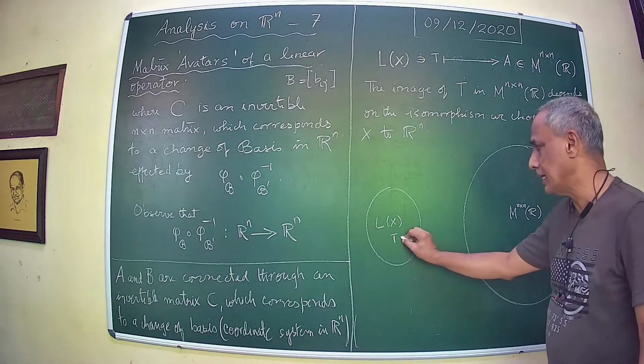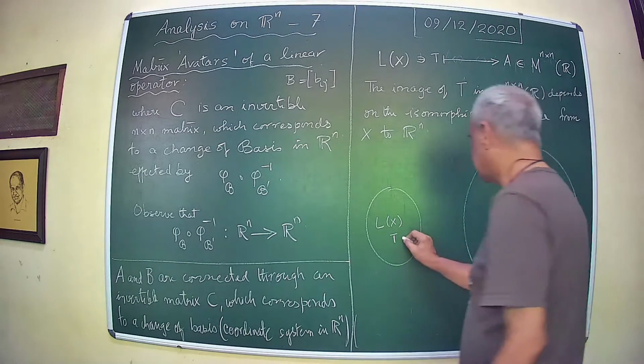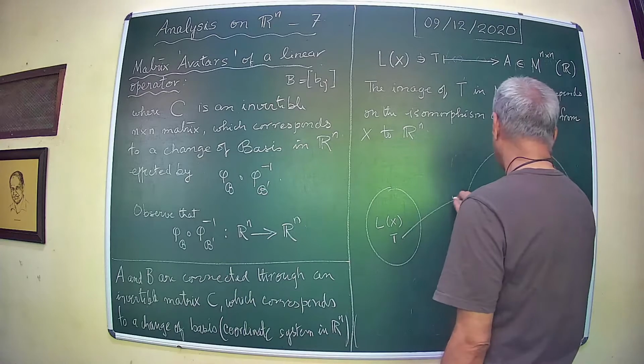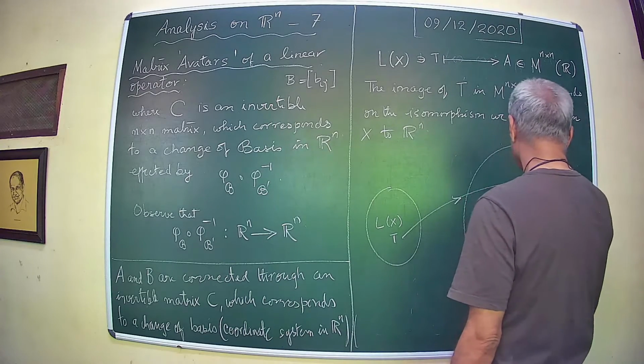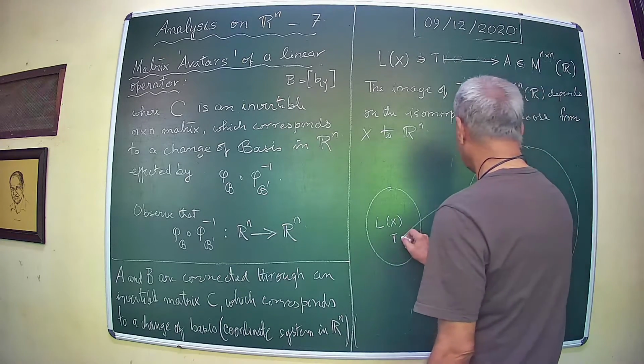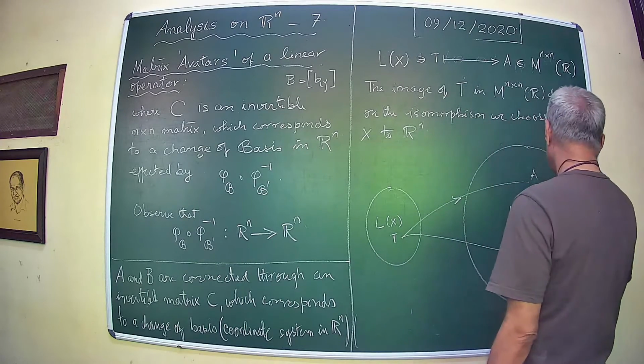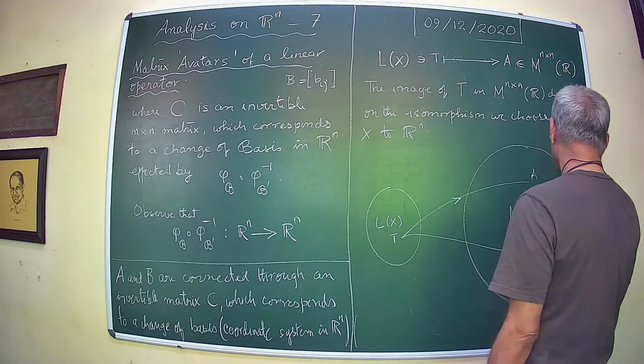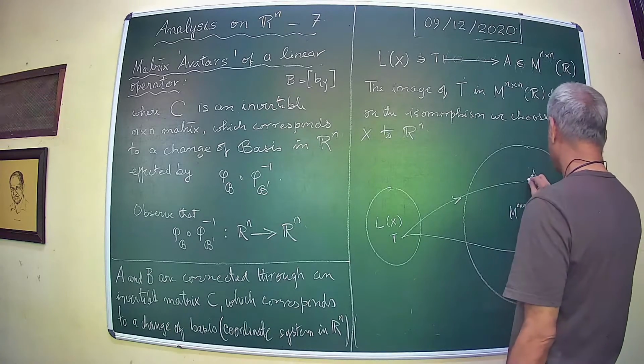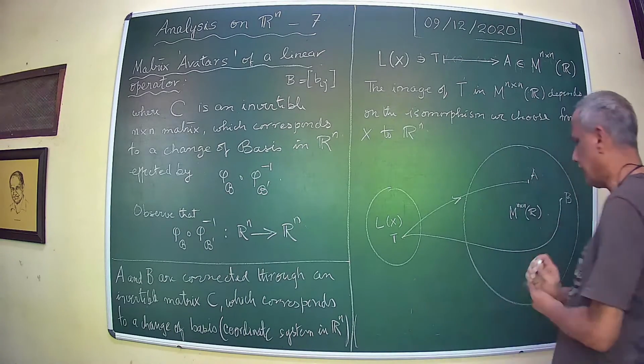Now T is an element here. T is mapped to some A. So also if I choose a different basis, T gets mapped to B. So T has several images.